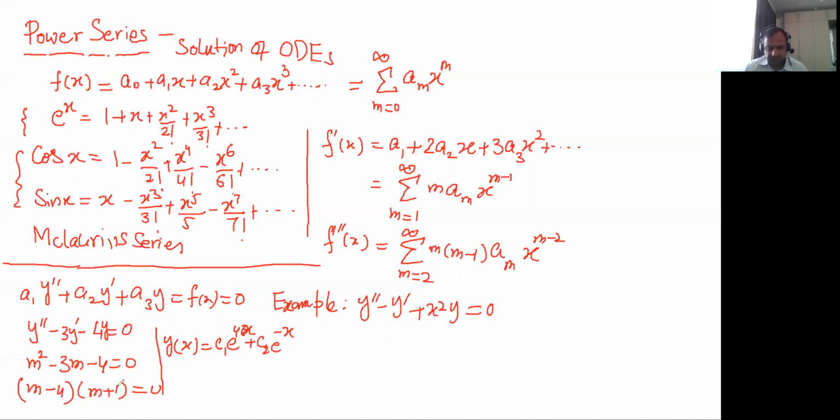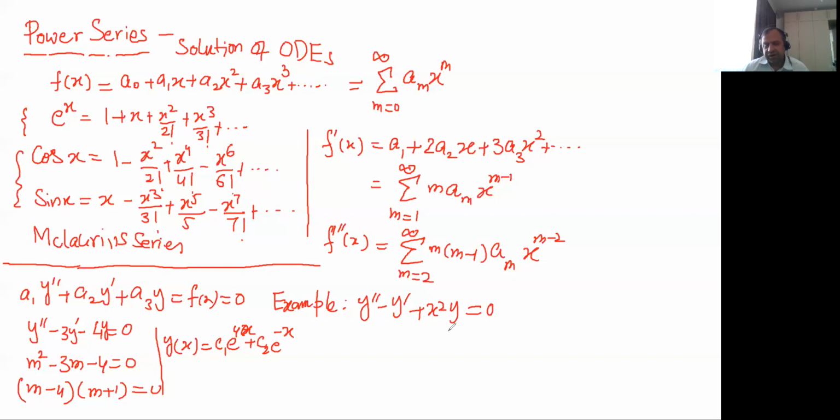So from the characteristic equation, we can find the solution immediately. However, for the earlier equation, we don't have any such characteristic equation, so we cannot find its solution in terms of elementary functions. e power x, e power 4x, sine x, cosine x, these are the elementary functions.